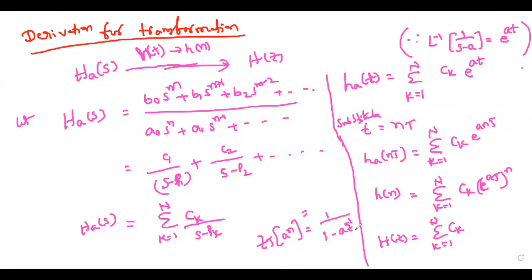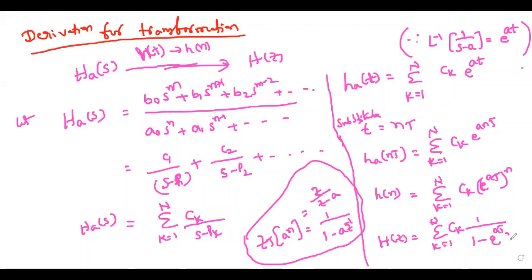Some people will write this by taking the LCM. This also can be written as z by z minus a, right? Yes, sir. So the formula is 1 by 1 minus a z inverse. Similar to this, this can be written as 1 by 1 minus, here a is e power pT, into z power minus 1.